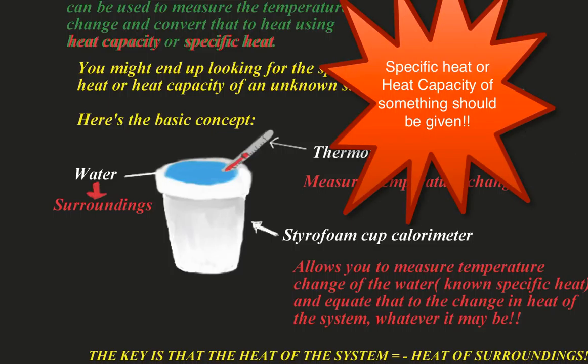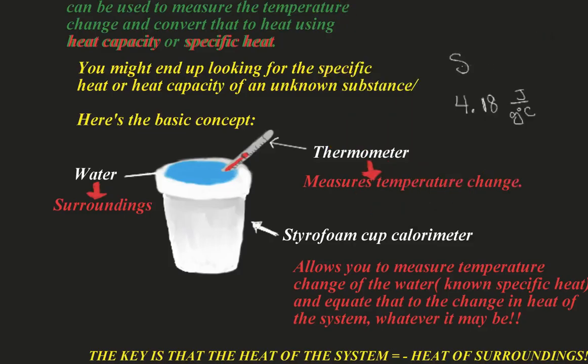Now we can use that known specific heat of water. That's the amount of heat required to raise your sample by 1 degree Celsius, if we're looking at just 1 gram.